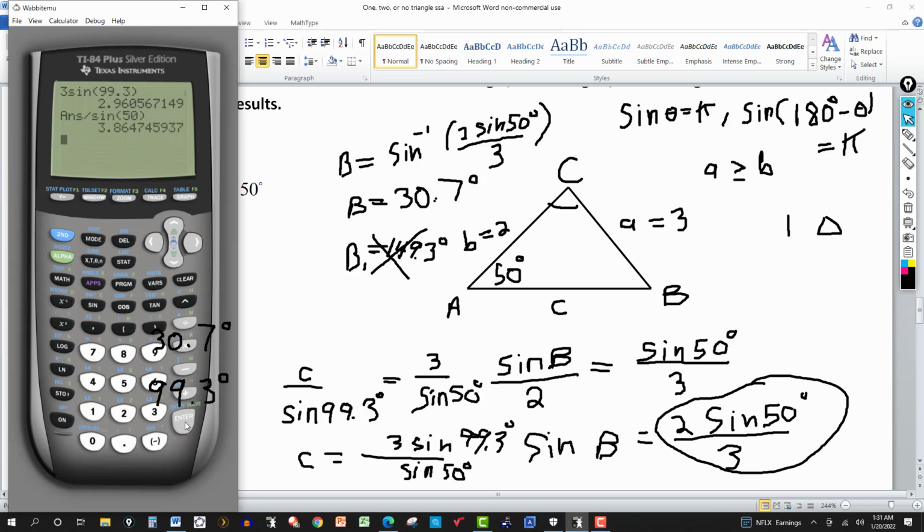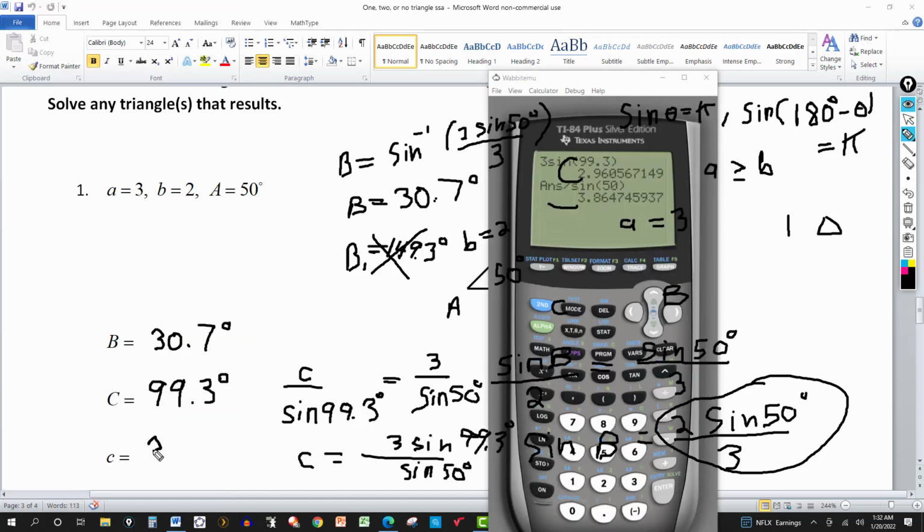Hit enter. And we get c. Run that out to 2 places. Side c is 3.86.